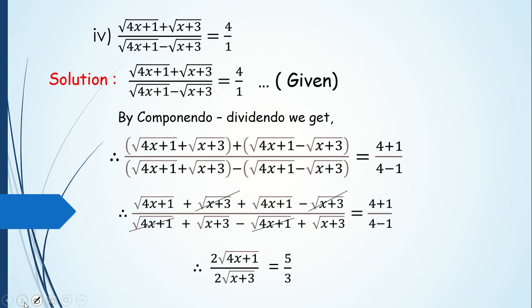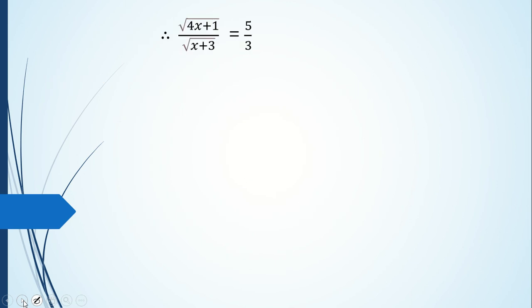So it's going to be 2 times root 4x plus 1 and in the denominator we will have 2 times root x plus 3. 4 plus 1 is 5 and 4 minus 1 is 3. Now 2 will get cancelled. So we will be left with root 4x plus 1 upon root x plus 3 is equal to 5 upon 3.